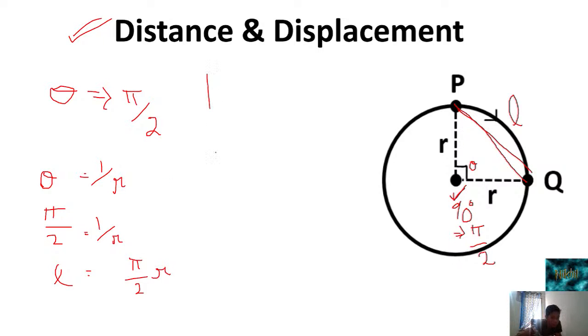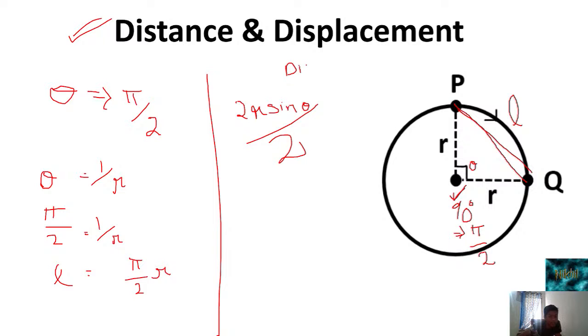Now come to the displacement part. Displacement is nothing but 2R sine theta by 2, where theta is in radians. Remember this. So this is displacement and this is distance. Both are formulas you have to use.